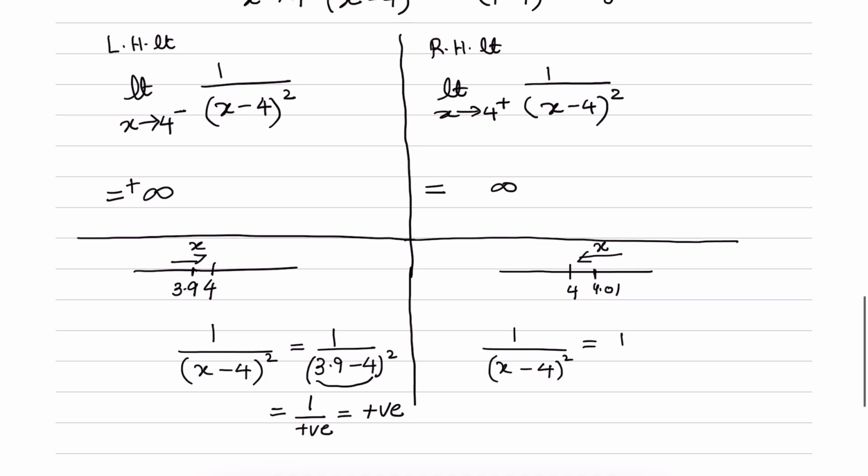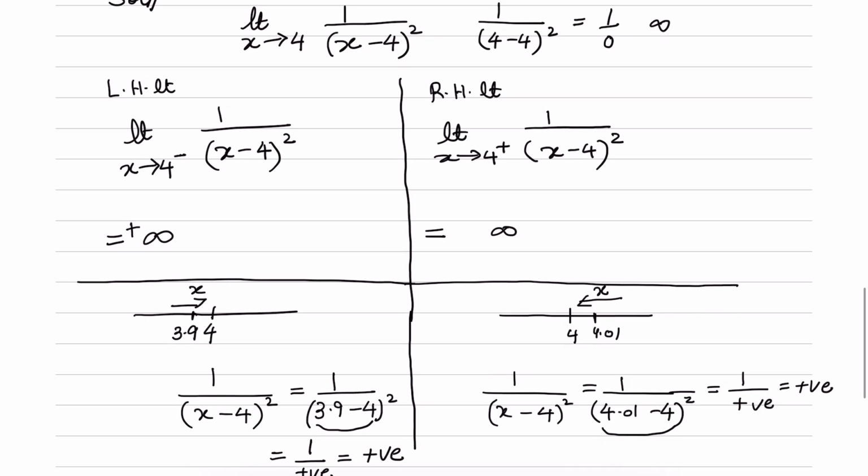So in the place of x, we will put 4.01 minus 4, and we will compute its whole square. Remember that we don't need the value here, we only need the sign. So 4.01 minus 4 is positive, positive whole square is also positive, so 1 over something positive, the answer is positive. So we will go back up, and on the right hand side case we'll put the sign as plus for infinity.